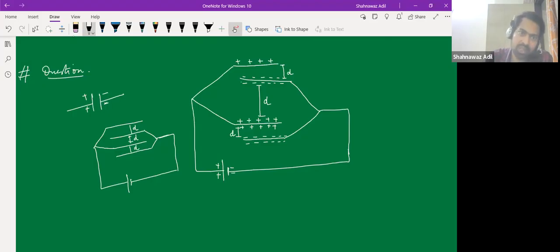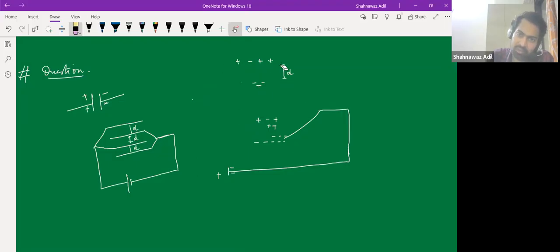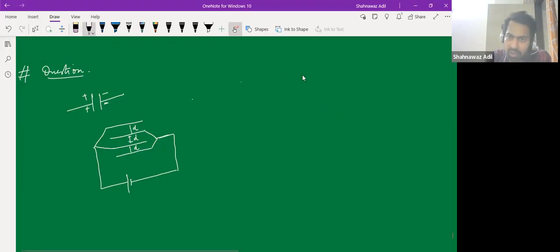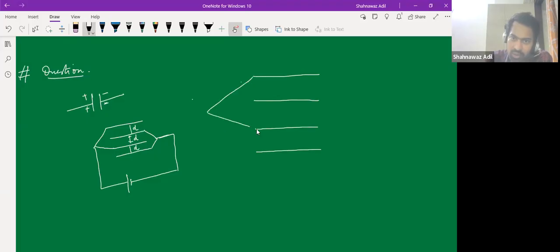Is this clear? So let me draw this figure clearly. I have the rods, and this one is connected to the positive one, and this one is connected to negative.